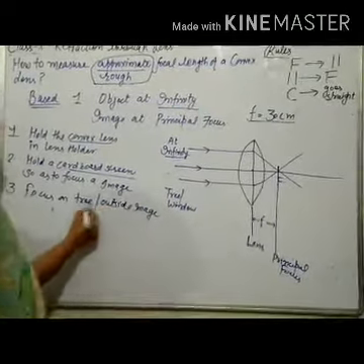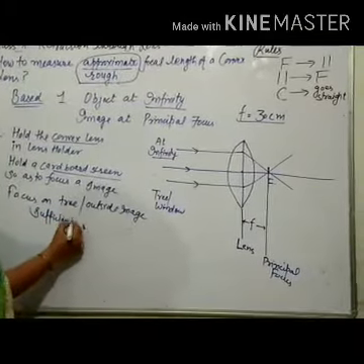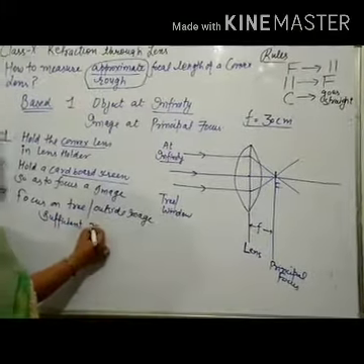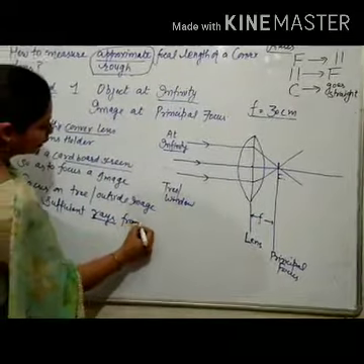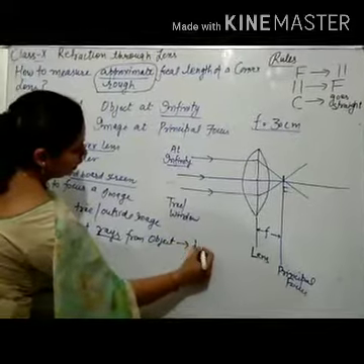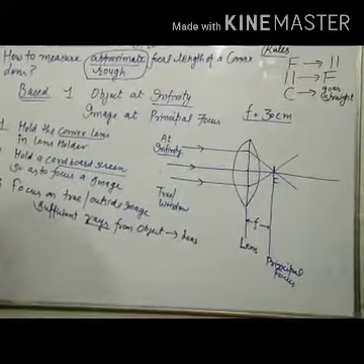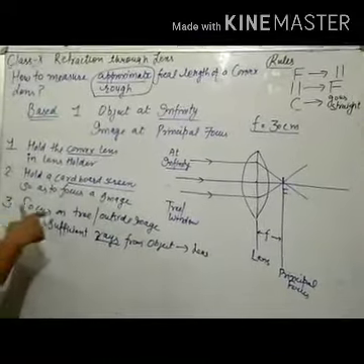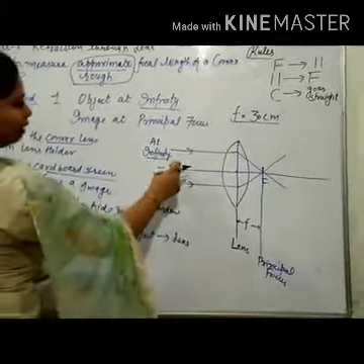In such a way that sufficient light rays from the object fall on the lens, enter the lens. As I have told you, the distance is so large that they will be treated as parallel rays.